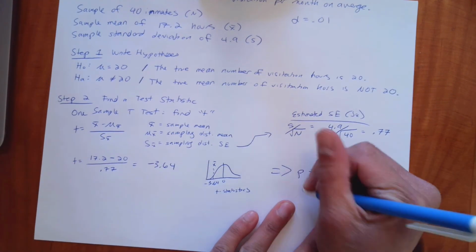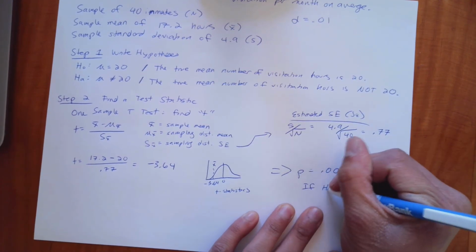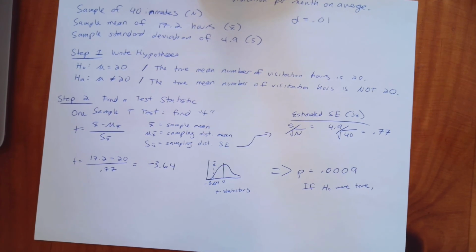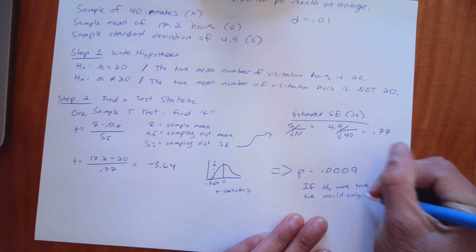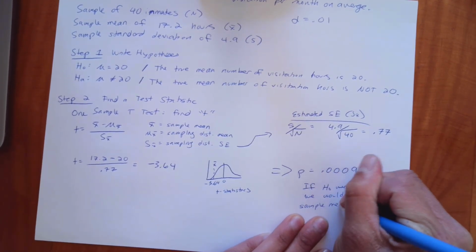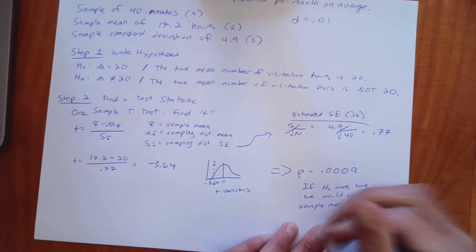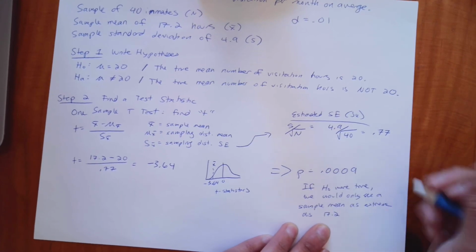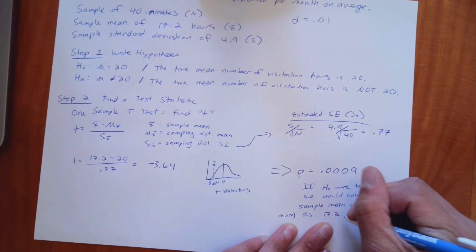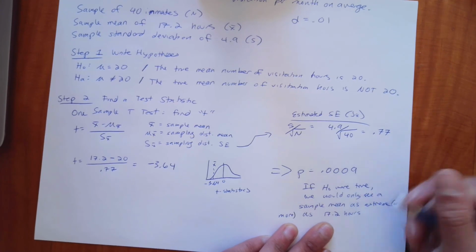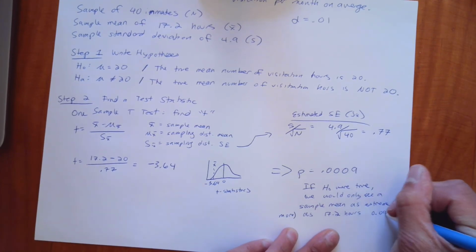What this means is that if the null hypothesis were true, so if the true number of hours that people in the prison got visitation was 20 hours per month, we would only see a sample mean as extreme or more extreme than 17.2 hours 0.09% of the time.